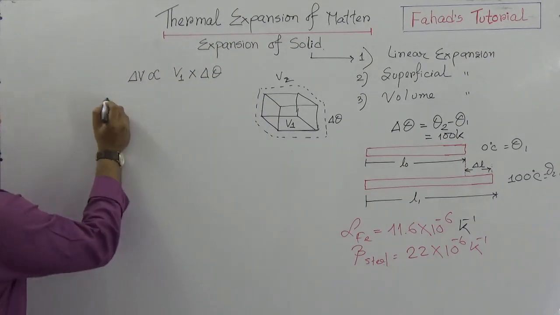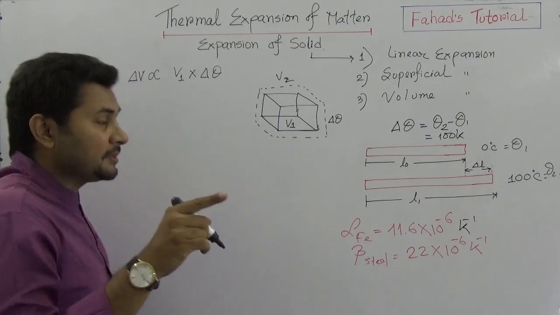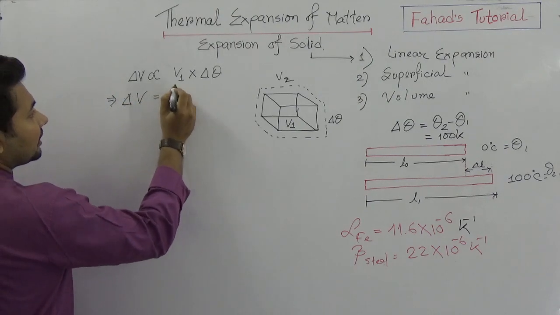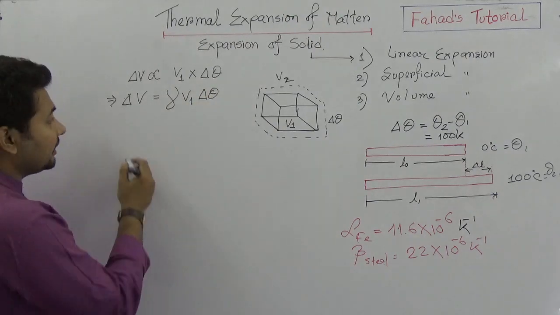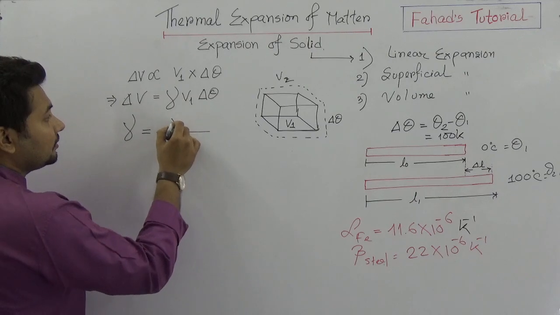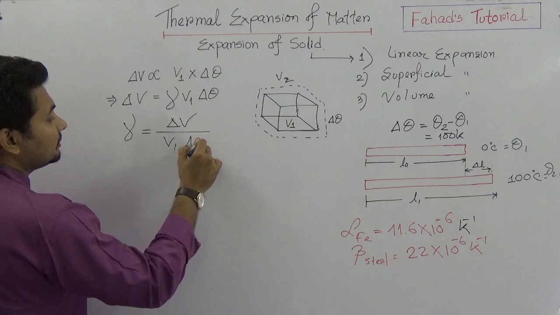And then we find the constant of proportionality in case of volume expansion, that is del V is equal to gamma V1 del theta. And now gamma is del V divided by V1 del theta.